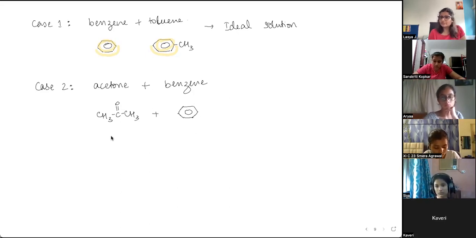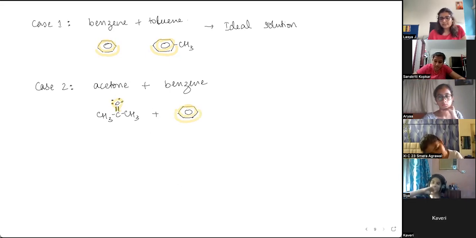Two acetone molecules have certain attractions and repulsions. But when you mix both of these, consider the interaction between acetone and benzene. The oxygen has a lone pair of electrons, and you have double bond electrons. Now benzene has this whole resonance thing going on above and below, with electron density here and here.